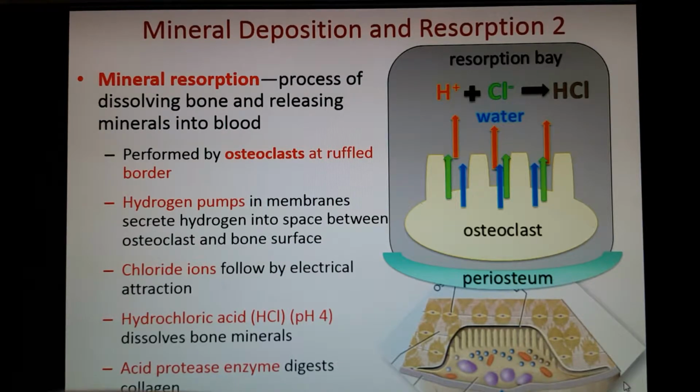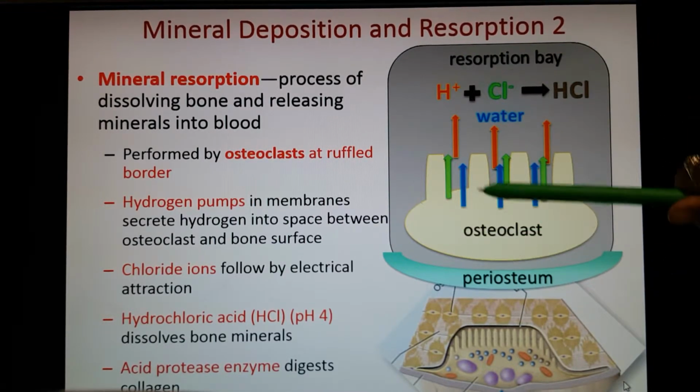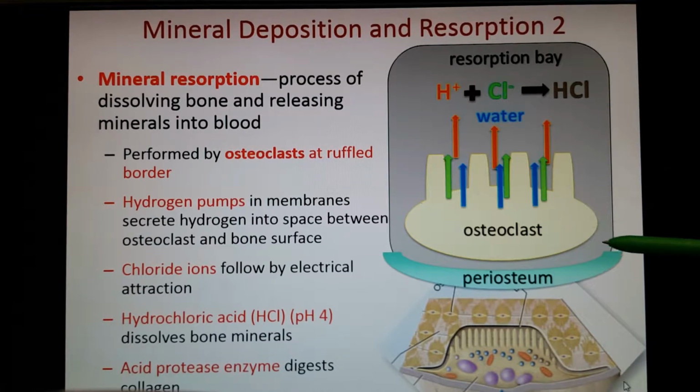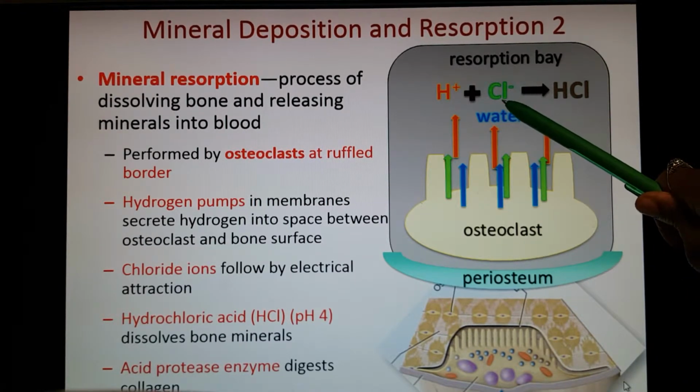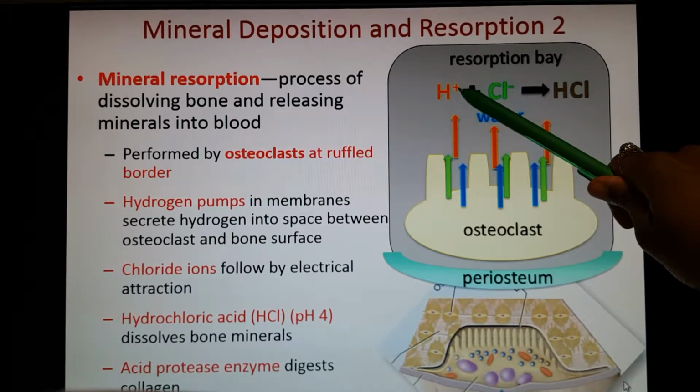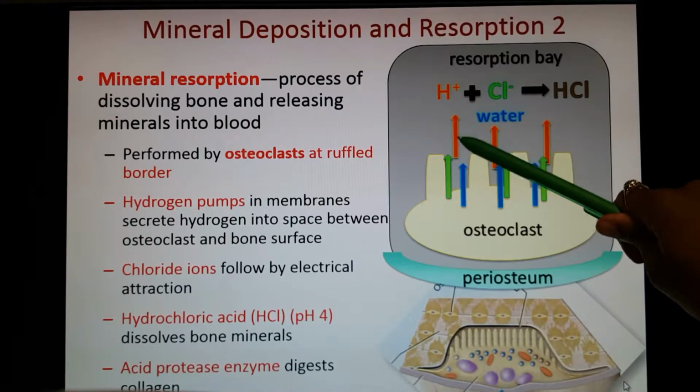The opposite case is bone resorption, done by our osteoclasts. The osteoclasts are sitting in that resorption bay. Here's a simplified osteoclast, with gray being the resorption bay. It pumps hydrogen out into the resorption bay. Then you have the chloride ion, which is negative, and so it's electrically attracted to the positive hydrogen ion.